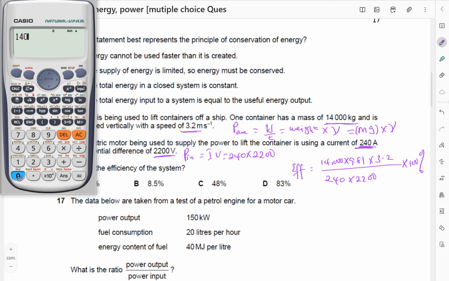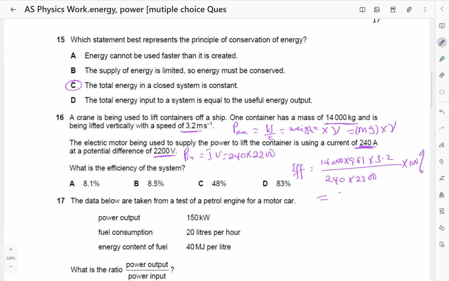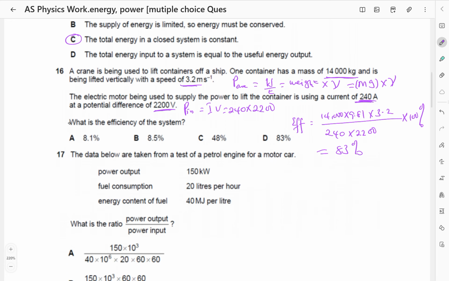So 14,000 times 9.81 times 3.2 divided by 240 times 2200, then times 100. So that is giving us 83%. So this is approximately 83% to two significant figures.